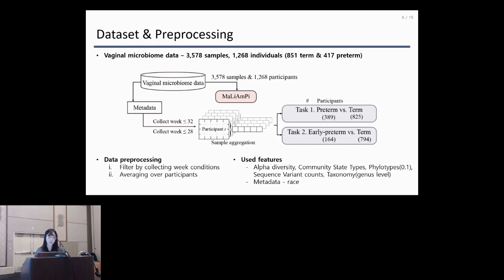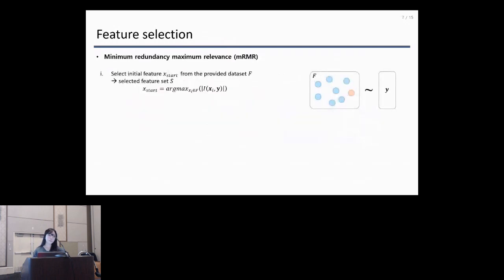So to overcome this problem, we did feature selection. There are many methods for feature selection. Among them, we applied the minimum redundancy, maximum relevance, mRMR approach. It is quite simple.